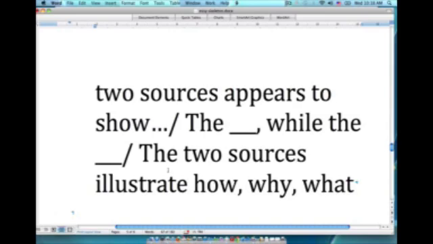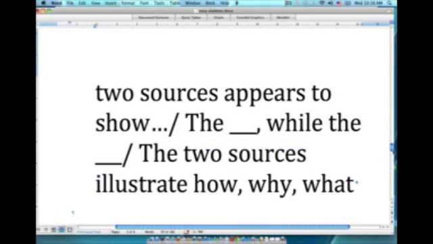So when we wrote our response, we wrote something similar to this. The two sources illustrate how the process of irrigating tomatoes in a dry landscape works, or something like that.